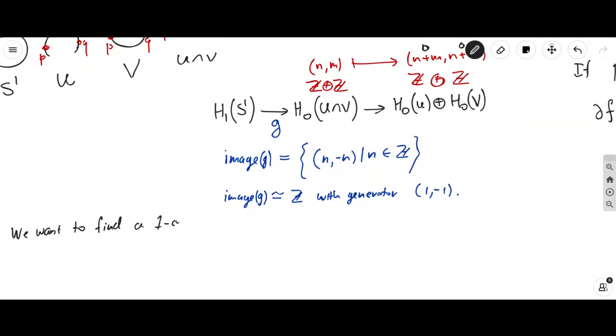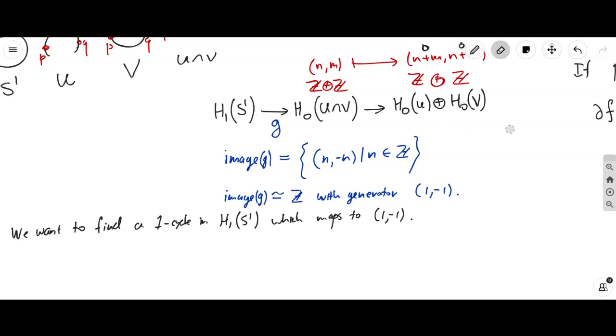So what we want to do is find a one cycle in this homology group which maps to 1 comma negative 1.